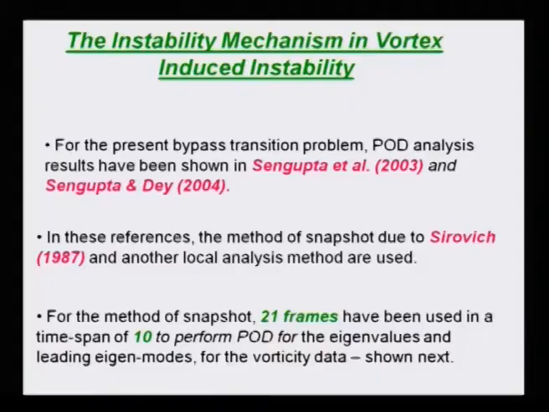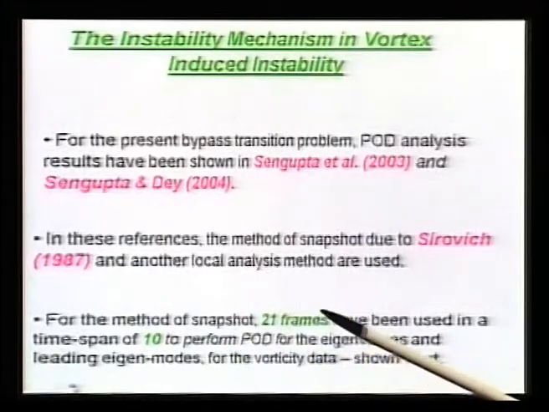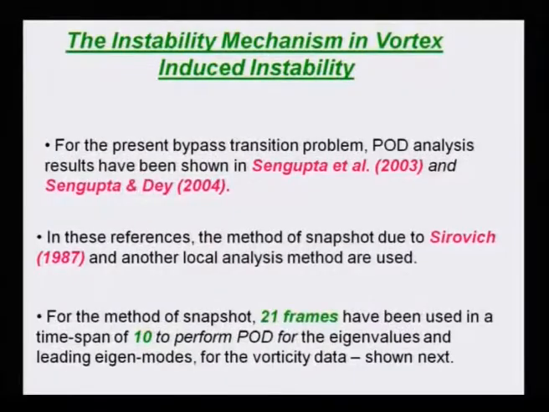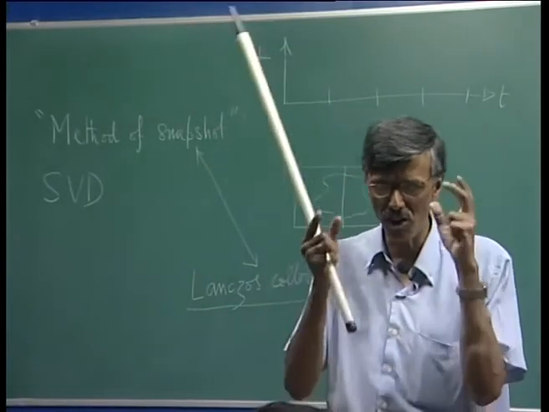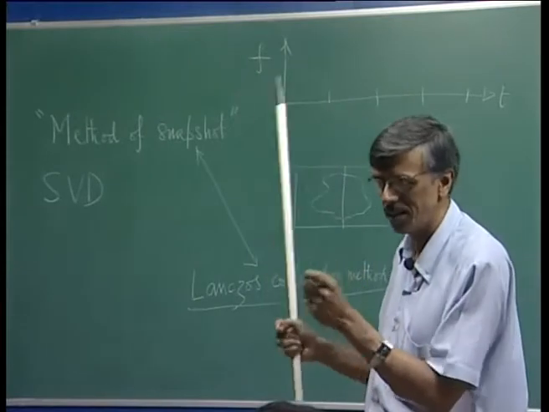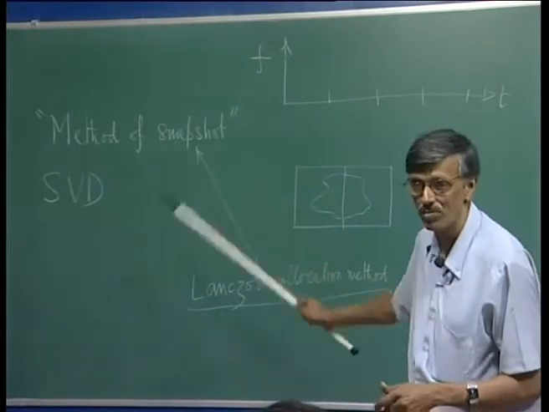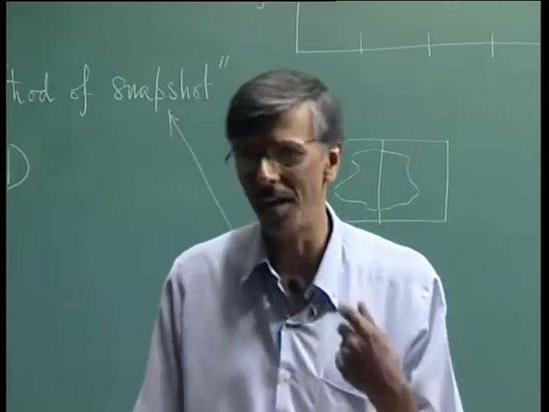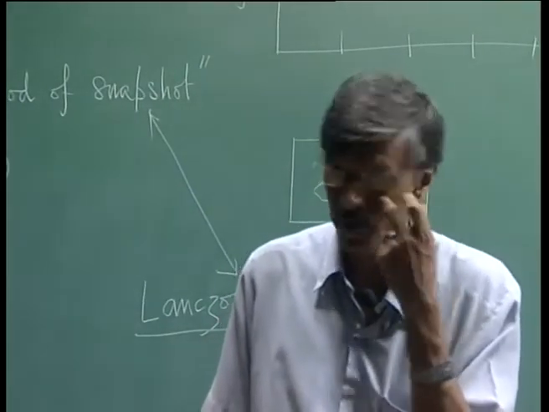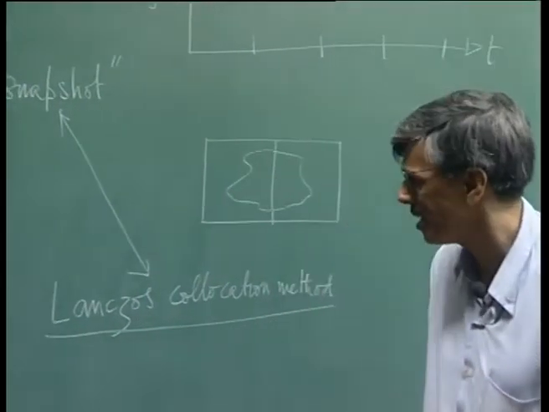And if we look at this time span of 10 and then just simply take 21 frames. So, these are those snapshots we are talking about. So, each of the frames are constituent of the method of snapshots. Okay. So, we are basically taking 21 snapshots over a non-dimensional time interval of 10, and then performing a POD. Okay. So, that is what it is.